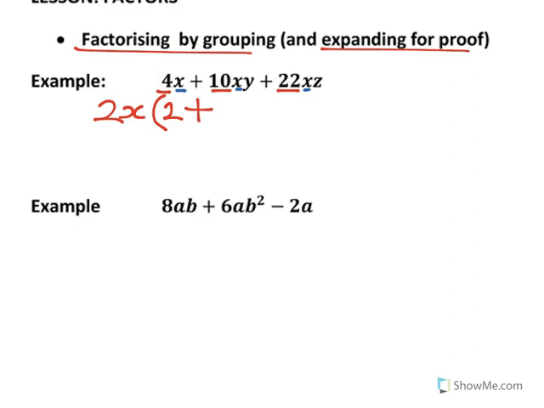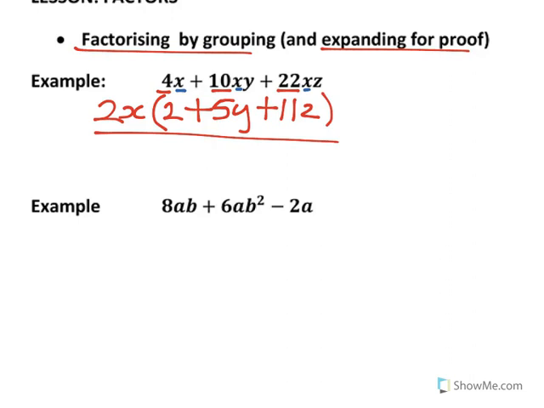Plus 10 divided by 2, which you factored out, you're going to get a 5. X divided by x, which is a 1, and y will remain because there is nothing common with y. Plus 22 divided by 2 is 11. X divided by x is 1, and then z will remain. This is what they mean by factorizing by grouping.